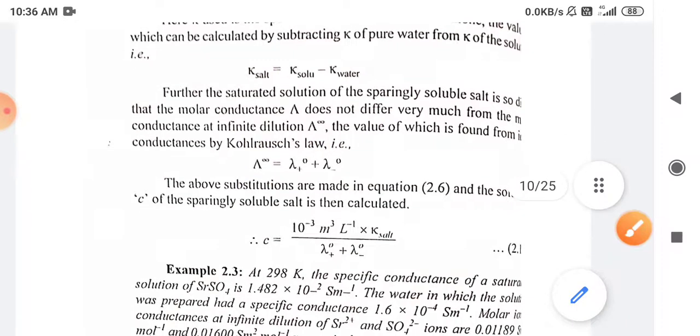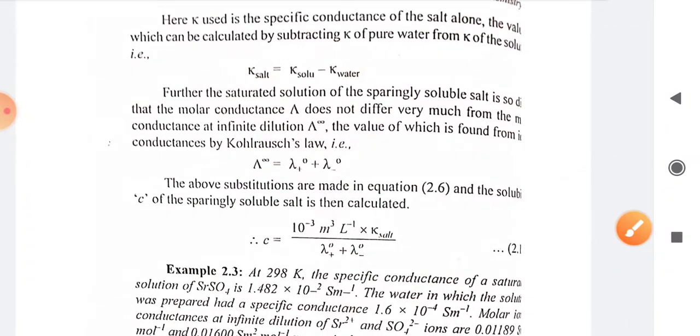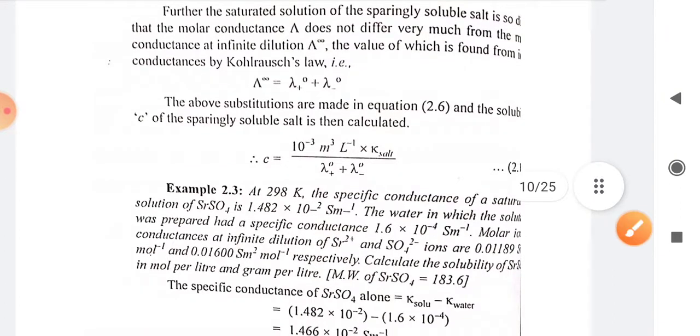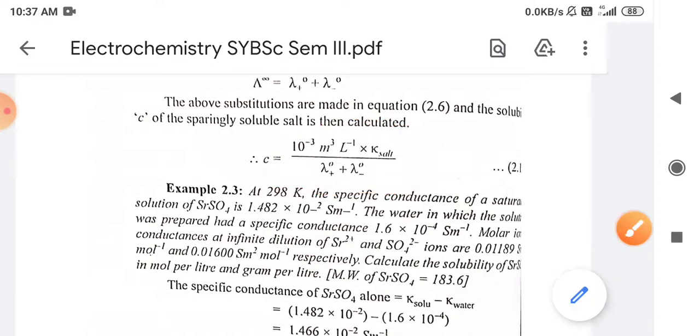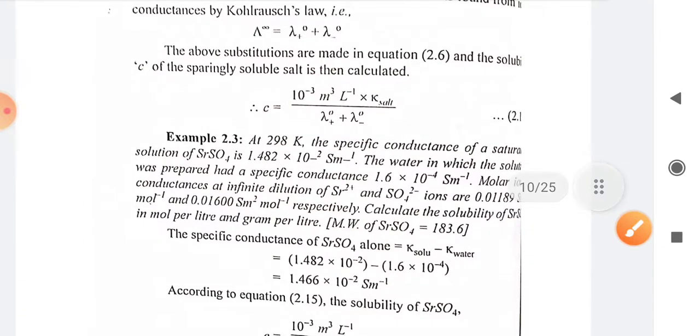By using these equations and simplification, you can obtain the concentration using the formula: concentration equals 10 raised to minus 3 into kappa of salt, that is the conductivity of the salt, divided by the molar conductivity at infinite dilution.